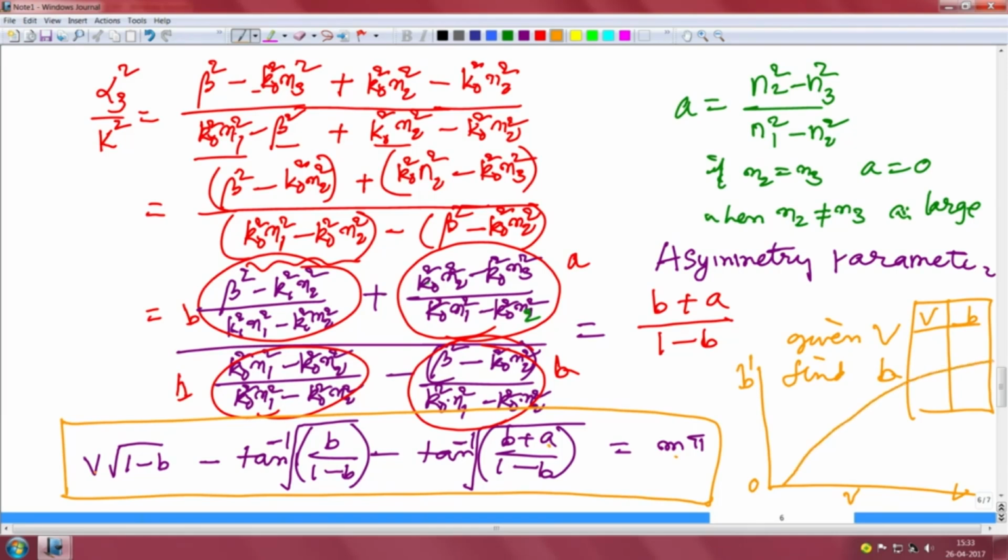So, we can expect a curve that is like this, because b lies between 0 and 1 and gradually it reaches the maximum value, and the next one will start at this point and so on. So, we note that the cutoff values, that is when b equal to 0, are obtained by substituting b equal to 0 into this, giving V equals V cutoff.